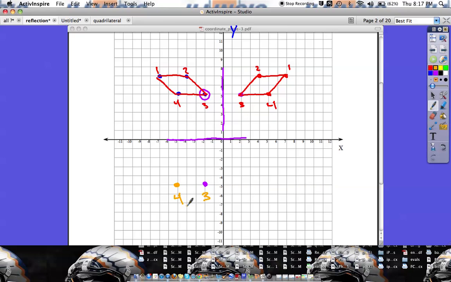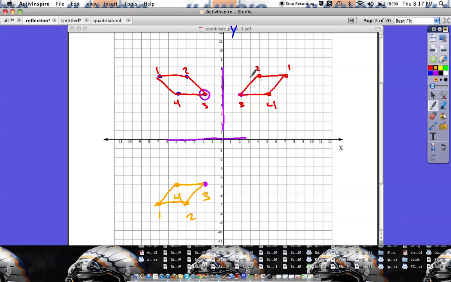So I need to go 7 down here. That would be my point 2. And then this is on the same kind of level as this one. It's just over 1, 2, 3. So maybe I just go over 1, 2, 3 and put my 1 right here. Now I draw my shape. Remember, it should be a mirror image of it. And it is. And that's all we really have to do for this one.